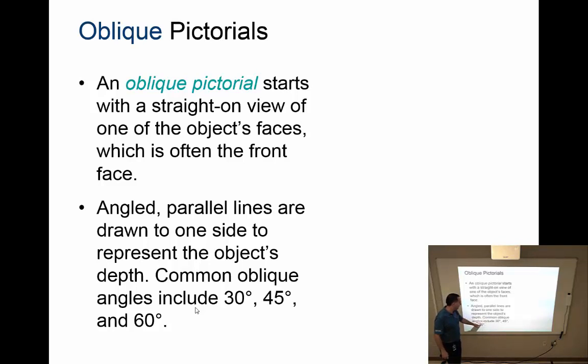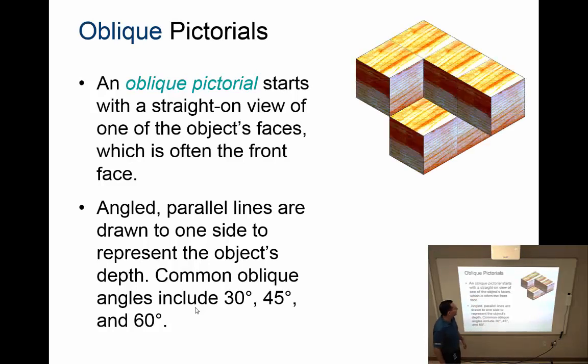And the common angles that we would use would be 30, 45, and 60. Since we have grid paper, isometric paper, we can either do 30 or 45 degrees for the isometric drawings, but with yours, since our grid is already in the notebook, if I draw from one corner of the grid to the other, it gives me a 45-degree angle, so we'll probably do that for the oblique.